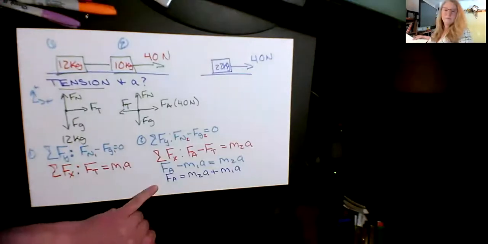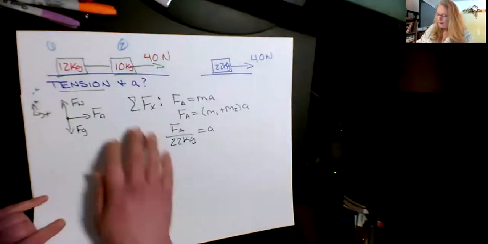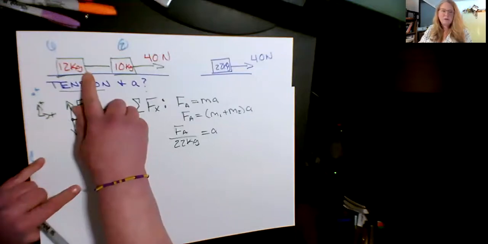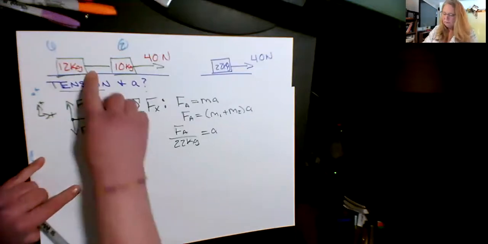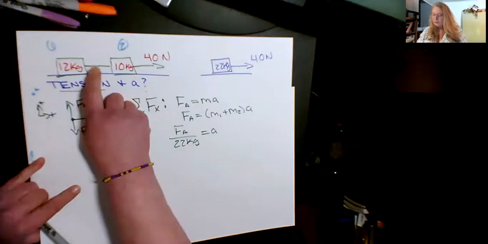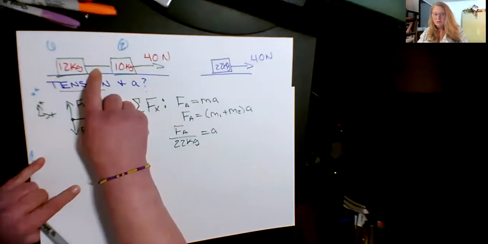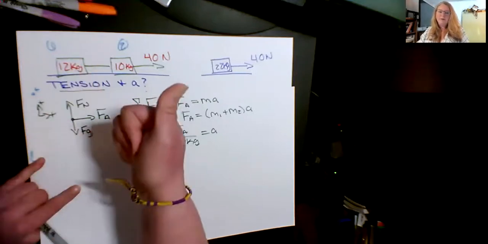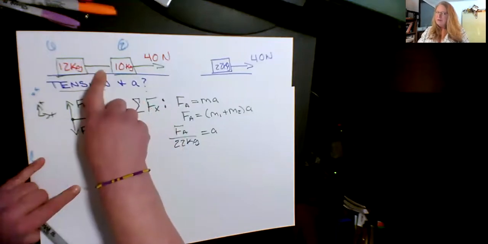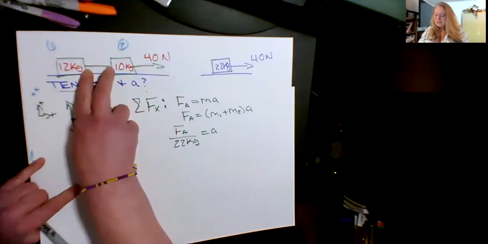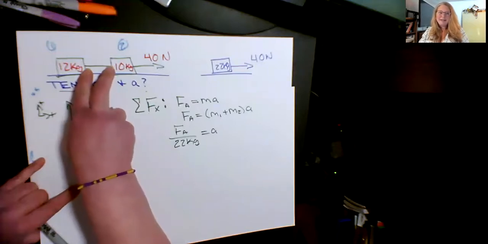So one of the handy dandy things that you can do for yourself is think it through for a second. What does it mean if the tension were different? What would the rope have to be doing? If it's not fraying or anything, then this tension has to be the same. It's traveling along the same path, the same line.